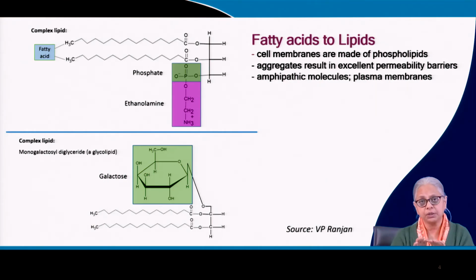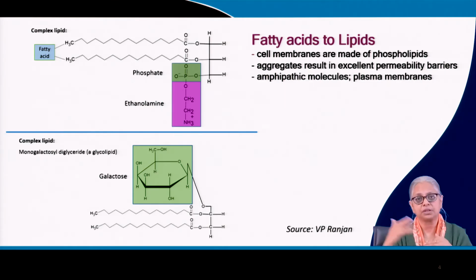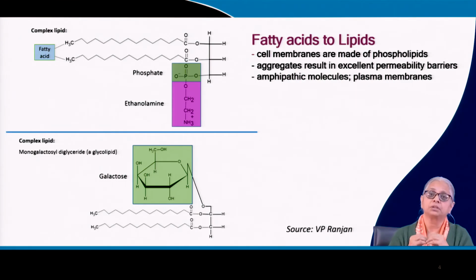relatively impermeable because you have a non-polar layer sandwiched between water on both sides, because the plasma membrane has water on both sides. So that's how it forms, and this is very, very important in determining what goes into the cell and what goes out of the cell.